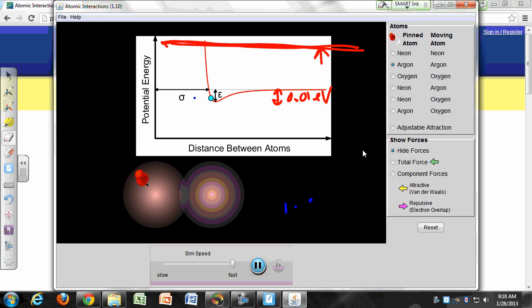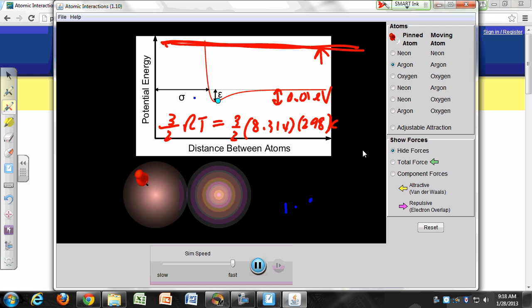What's the average kinetic energy of argon atoms at room temperature? 3/2 RT. And what did we say RT was? R is 8.314 joules per mole per Kelvin.